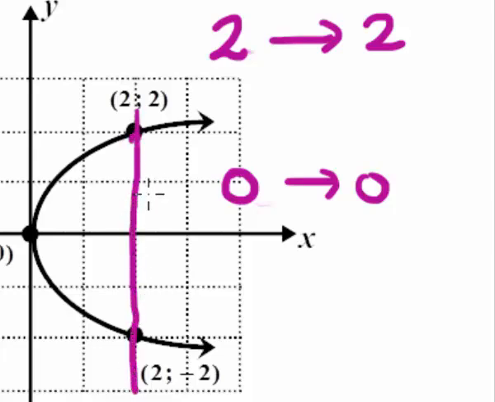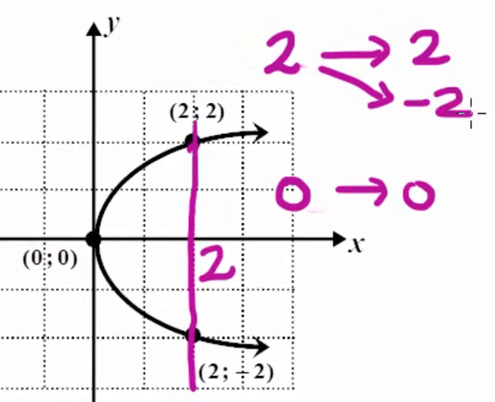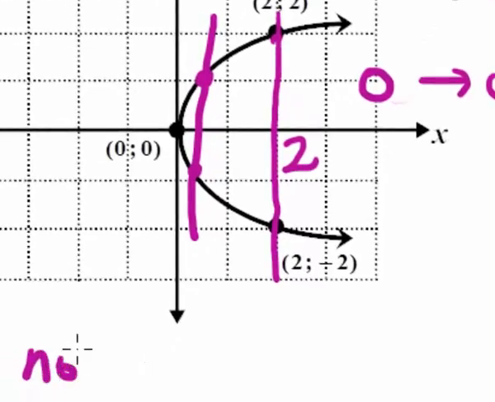Do you notice that the x value is the same for 2, and yet the same x value is associating with negative 2? When this happens, one x is associating with more than one y value. The moment you take a vertical line and it cuts twice, the graph is not a function.